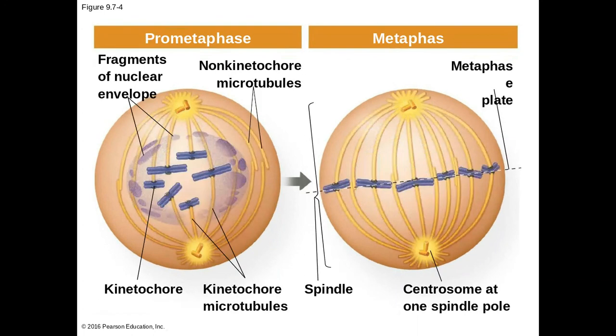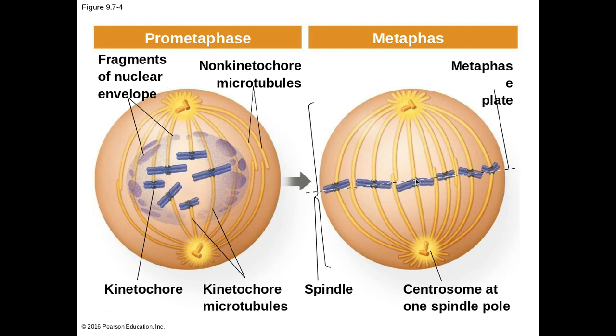In prometaphase, the nuclear envelope has really begun to dissolve and is no longer present. Additionally, the spindles are really starting to stretch out from the centrosomes and the asters. Then in metaphase, if you recall, meta means middle, the chromosomes in this step line up in the middle at what's known as the metaphase plate.